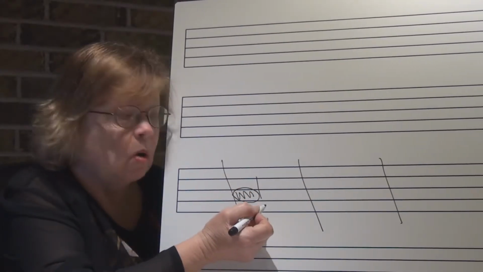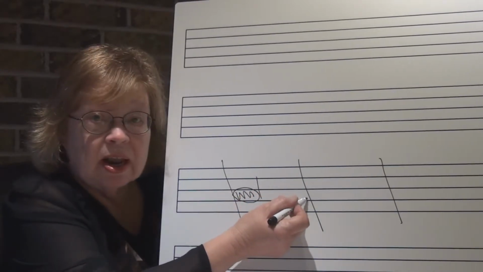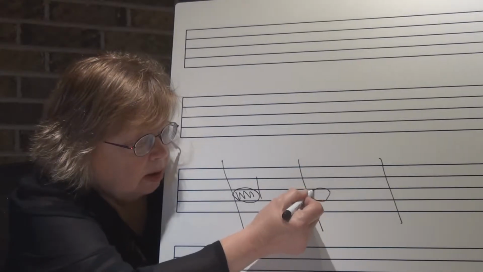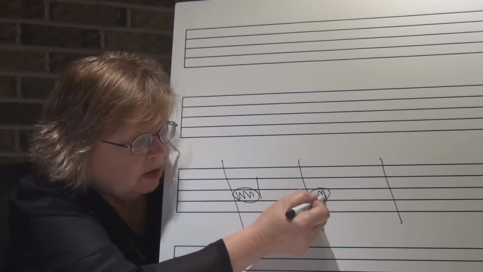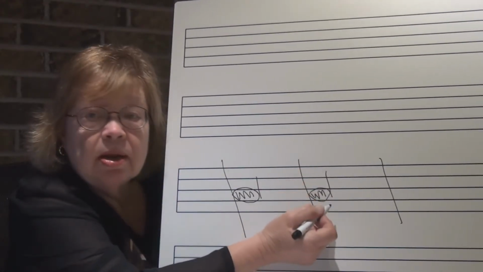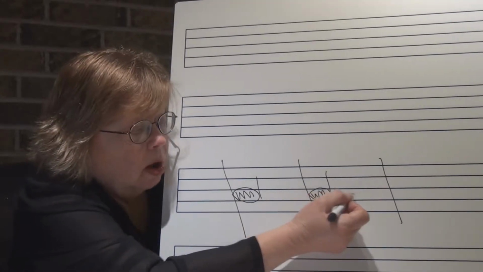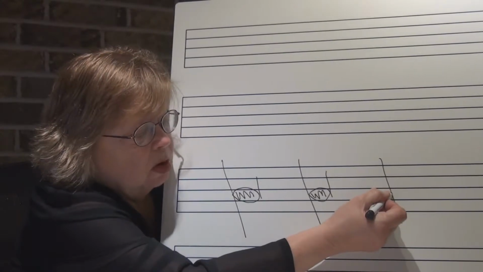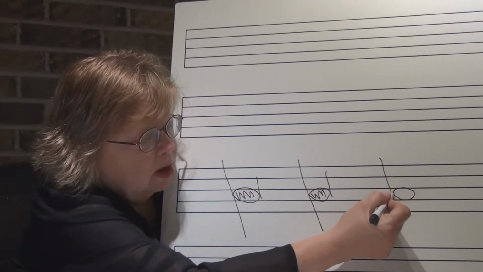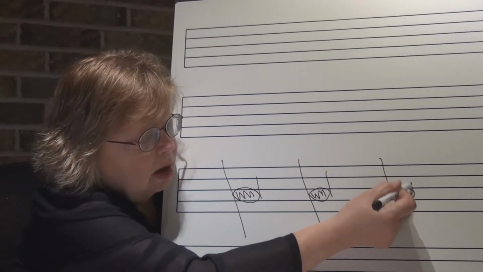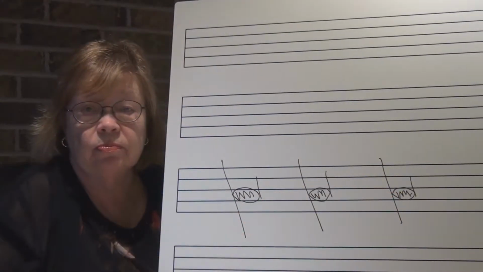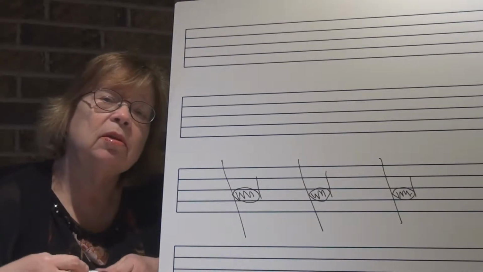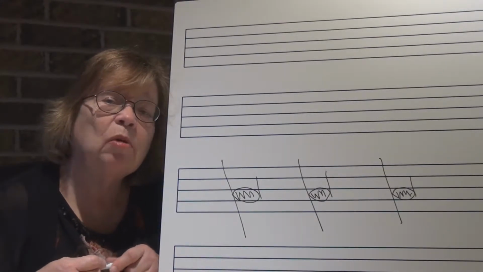And it's actually going to go all the way to the next beat, when the next quarter note is going to start precisely on the beat. And it will go all the way to the next beat, when this quarter note will start precisely on the beat.